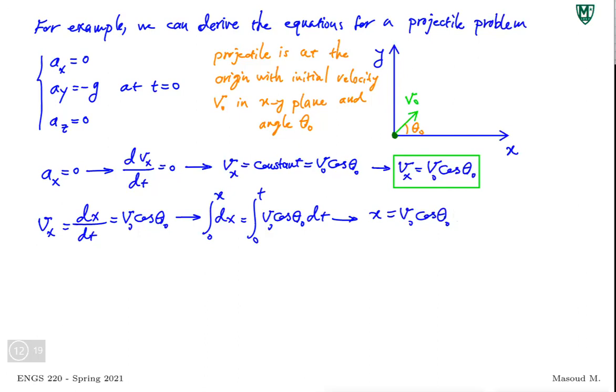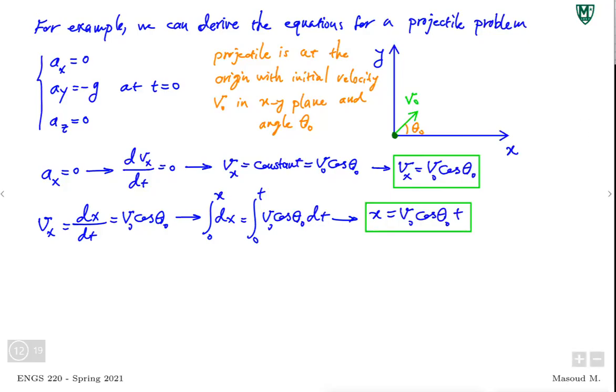So the position at any given moment is the initial velocity in the x direction, v naught cosine theta naught, multiplied by time. So we now know the x component of velocity at any given moment, which is a constant number, the same during the motion, and where that object is in terms of the x component of the position. Remember, R is xi plus yj in this case. We're in two-dimensional space.